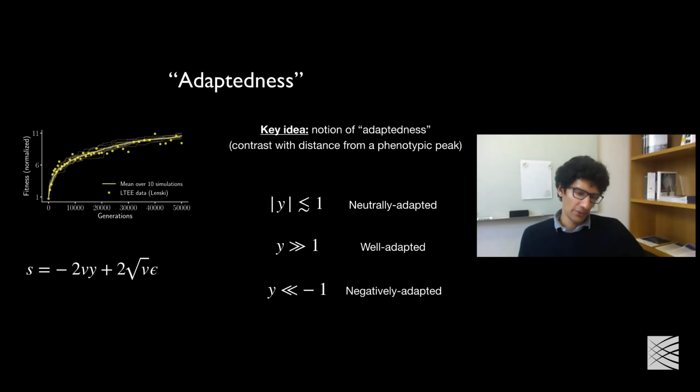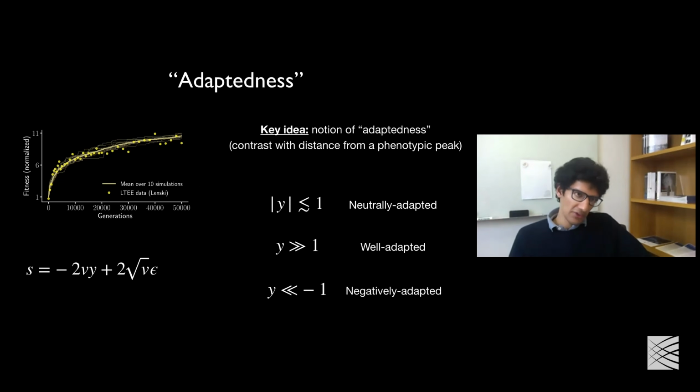Organisms, as they're evolving, initially are neutrally adapted to some environment, but as you evolve them, they get better and better adapted to the environment, and this restricts the number of paths that they can take up the fitness landscape, right? But this adaptedness is a key quantity that determines how much they can evolve into the future.